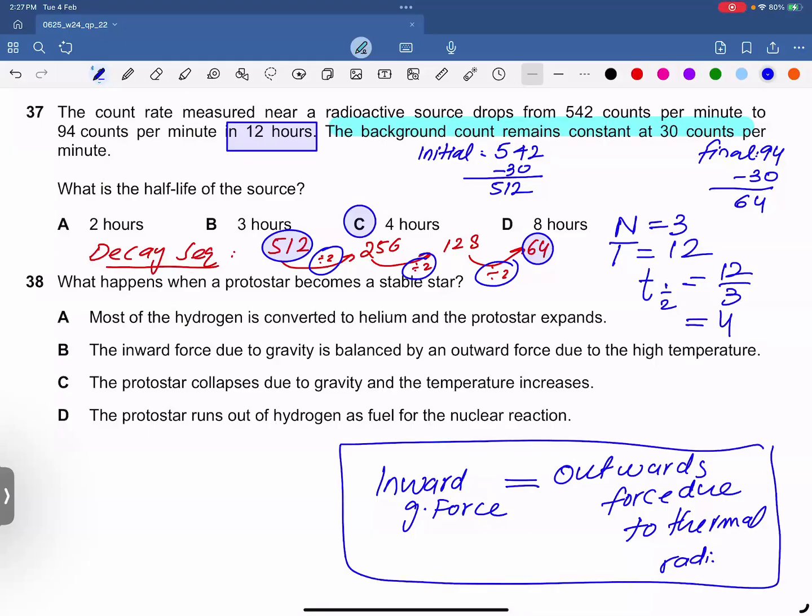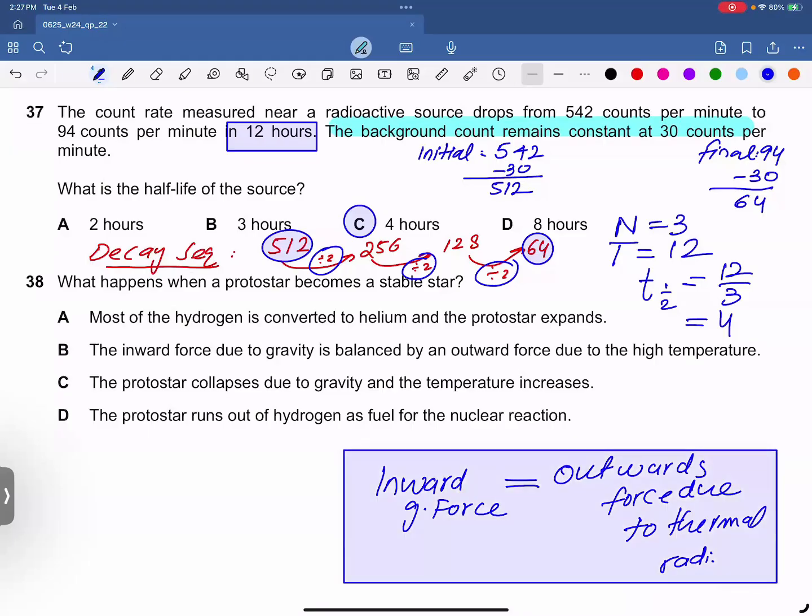So the inward gravitational force should be balanced by outward thermal radiation. So the option is B. The inward force due to gravity balanced by the outward force due to high temperature forms a stable star.